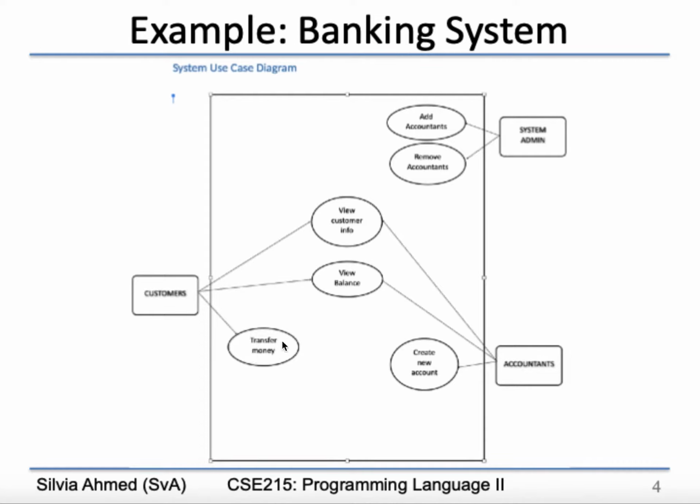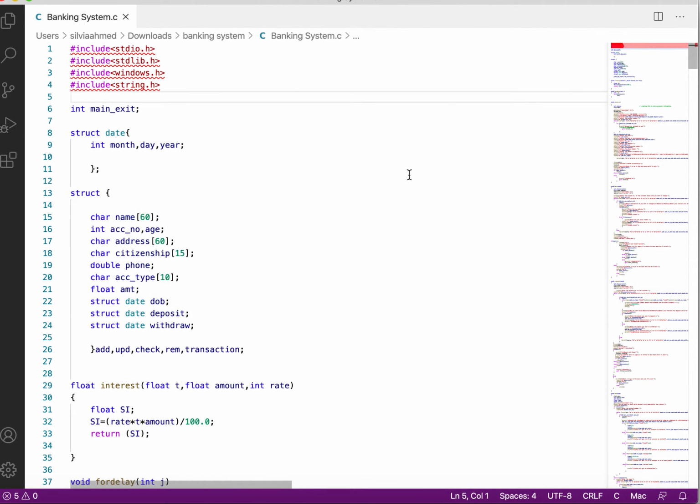Also, the transfer money functionality can be accessed only by the customer. And for the system, we have another user called system admin, who can add or remove an accountant. So when we have this design done, we can then go to our code.